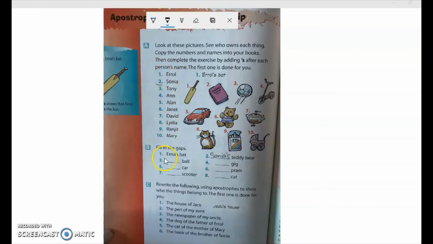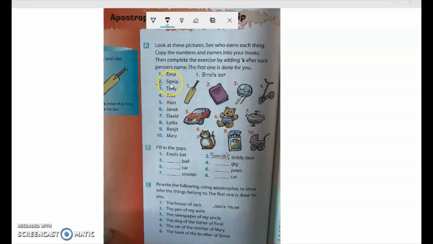Number 1, Errol's bat. They already wrote it in for us. So I wrote in number 2 here. Number 2 is Sonia. So what I will do is look for number 2 down here. Beside number 2, the answer is teddy bear. So I know that this teddy bear belongs to Sonia.